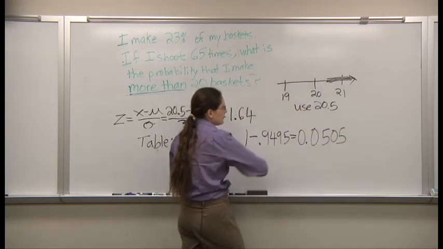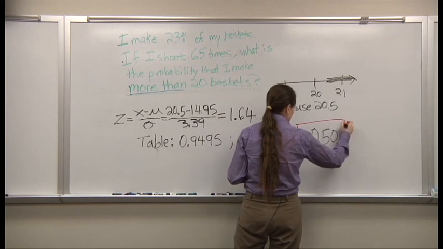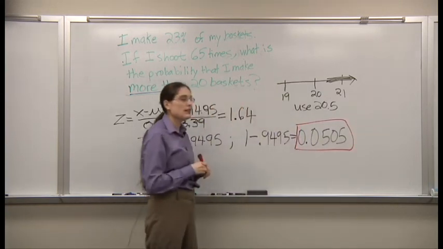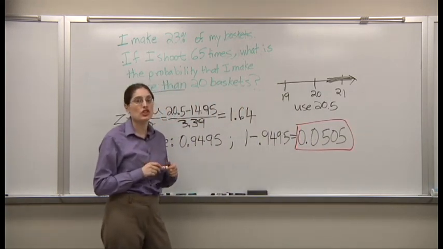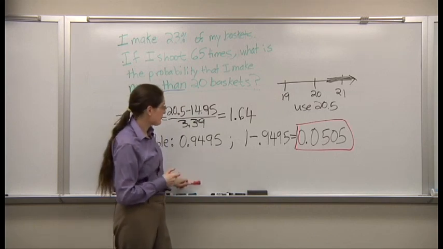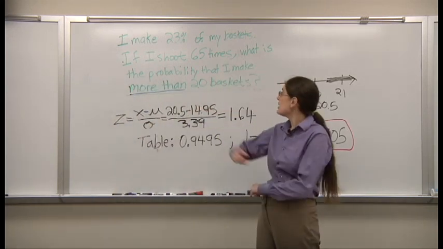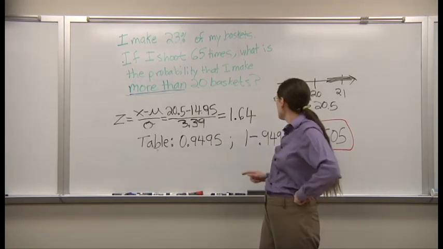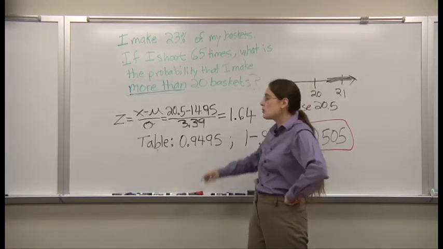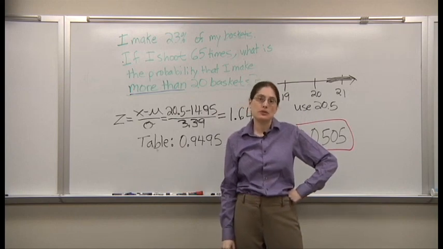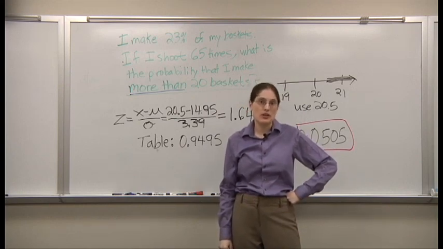That's your final answer. Only about a 5% chance. So, because I am not very good at basketball, the probability that I'll make more than 20 baskets is pretty slim when I toss 65.